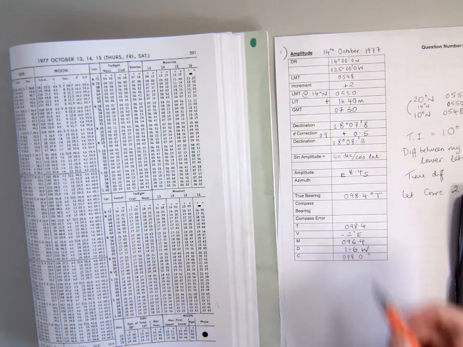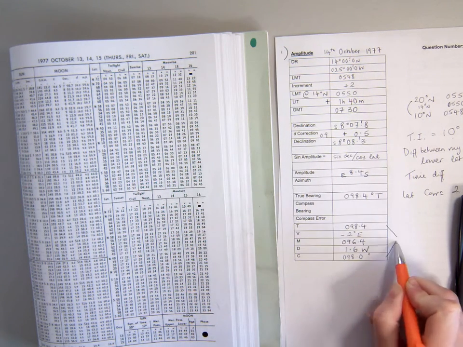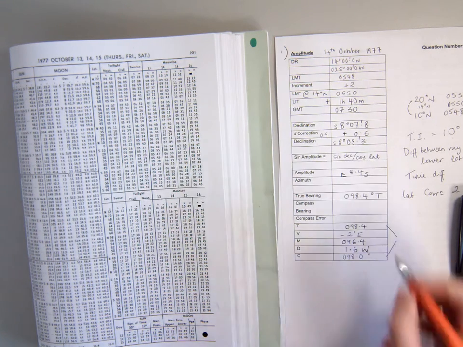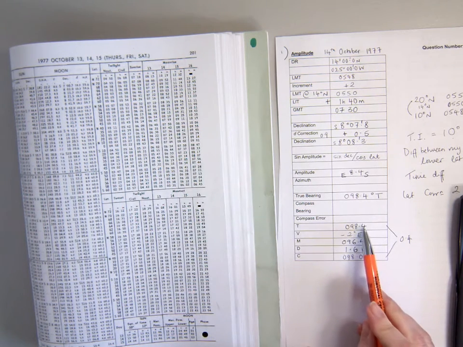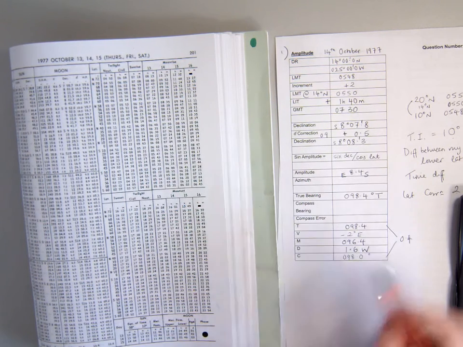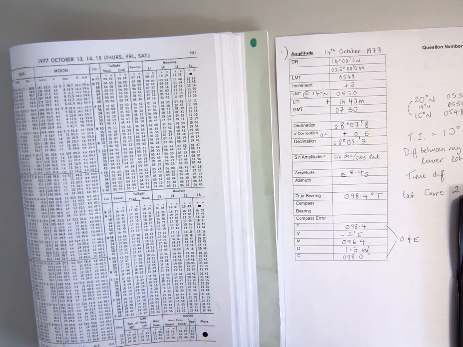And overall, my compass error is that difference between true and compass. And the difference is 0.4. And the true is greater than the compass error, so the error has to be east. Error east, compass least.